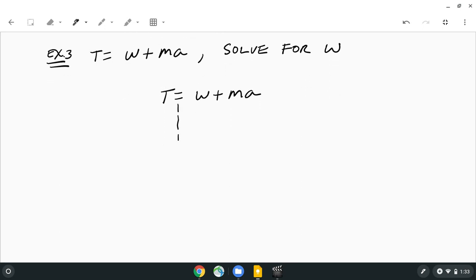All right, so we are solving for W, so we need to get the W by itself, right? So here's the W. We need to get rid of this. This is being added, so the opposite of adding is subtracting. So I'm going to subtract MA, and they cancel out.